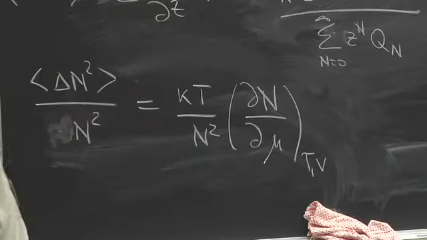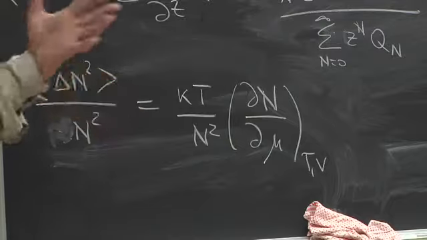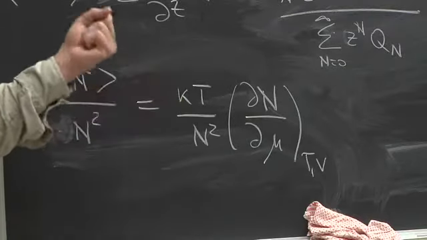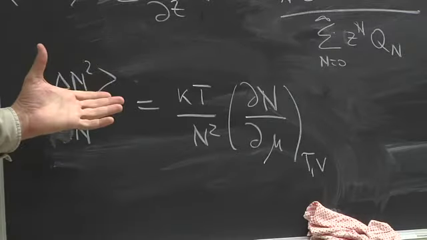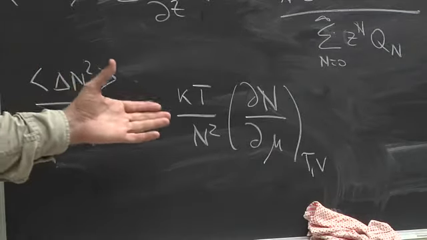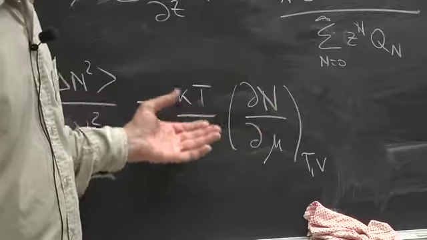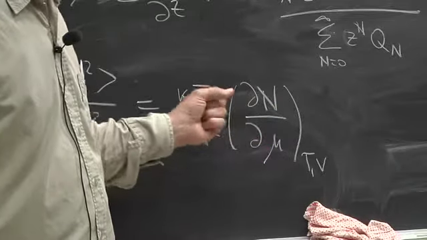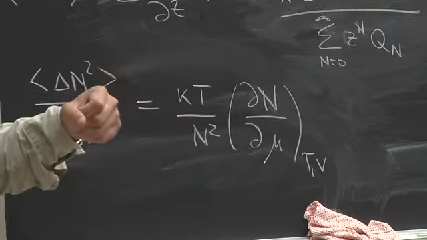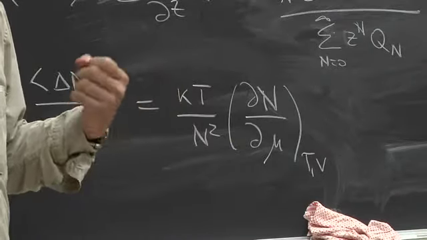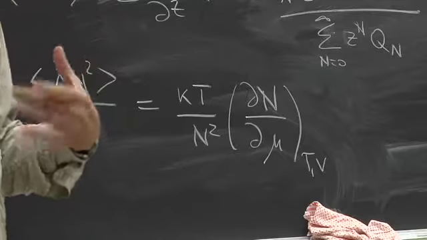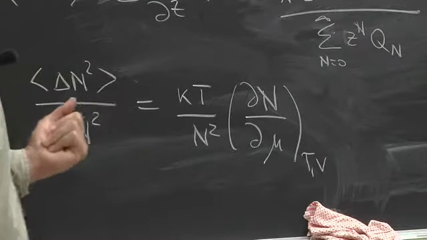Okay, so the relative fluctuation will be small. So this is why the description which you get in the grand canonical ensemble will be equivalent to the description which we have in the canonical ensemble, where the number of particles is fixed. Okay.